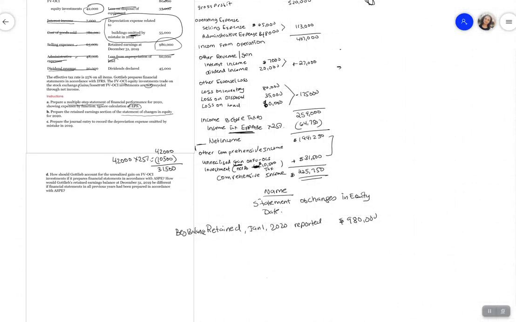So let's do that correction of an error in depreciation. Correction of overstatement, and that overstatement is for 55,000. So that 55,000 is net of taxes. So 55,000 multiplied by the 25%, that's our tax rate, so that will be our net of taxes.